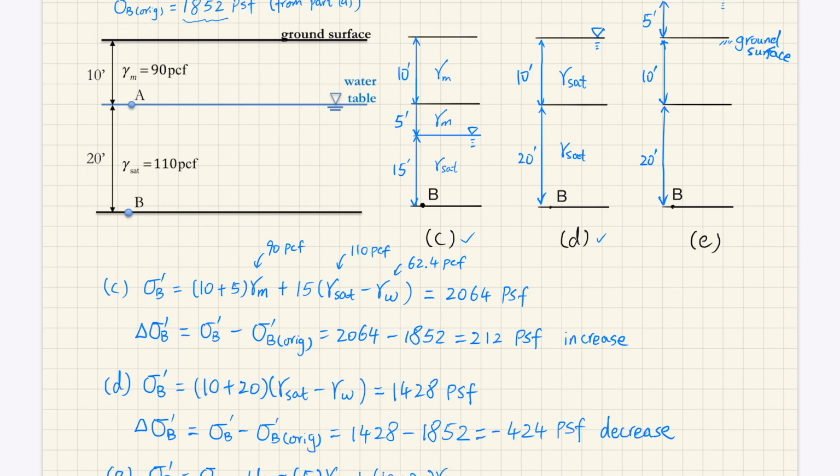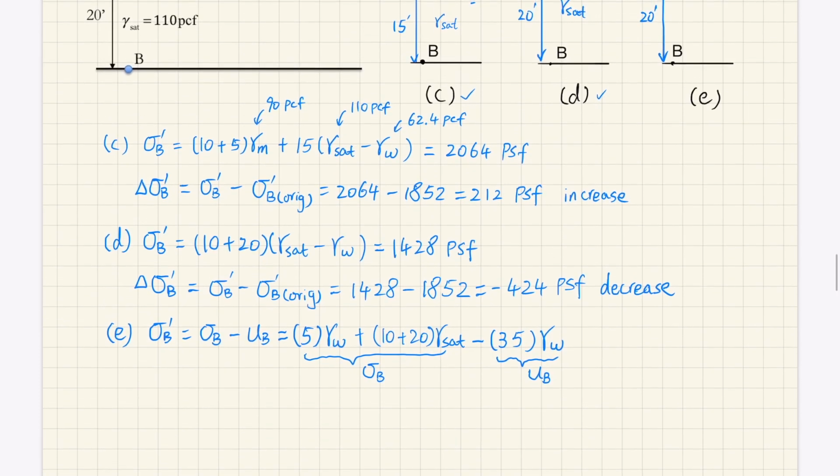So that's your total stress, sigma B. And then the pore pressure is simply the height of the water to the water table. That's 35 feet times unit weight of water. So this part is U sub B.